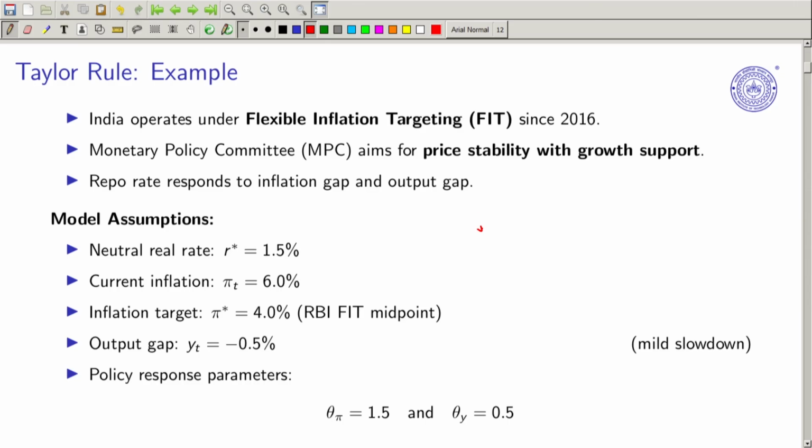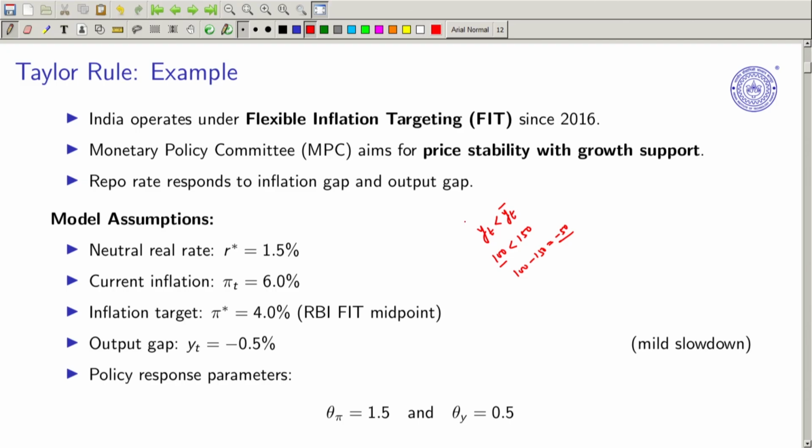Negative output gap implies that YT is less than YT bar, right? So here you can produce output of 150, but demand is only 100. So 100 minus 150 is minus 50 that you are saying. So 0.5% we have calculated, suppose in terms of GDP growth.